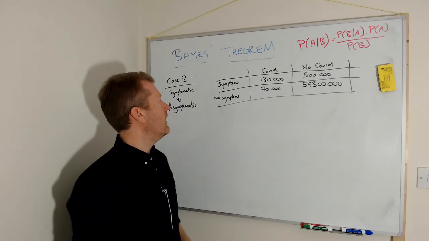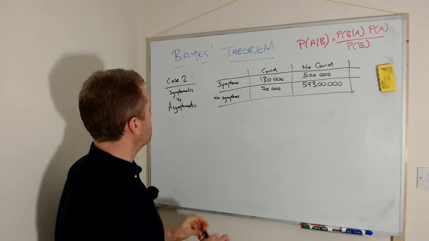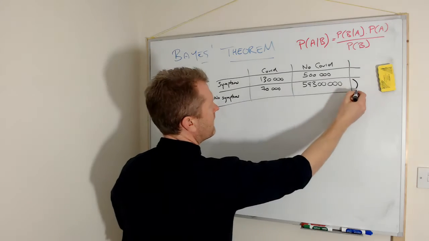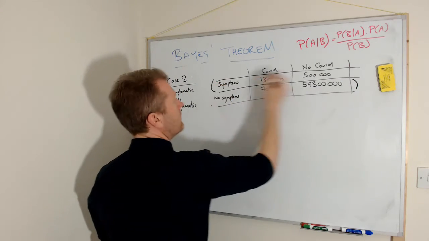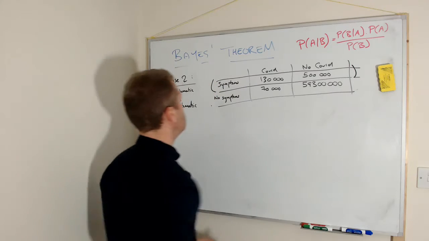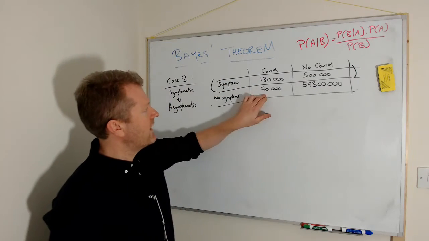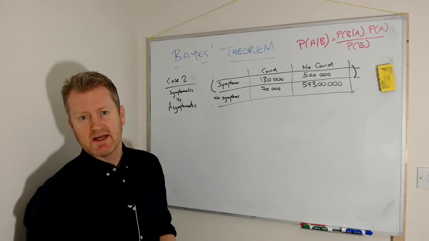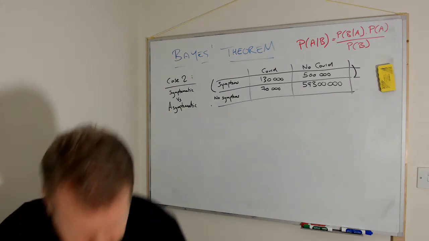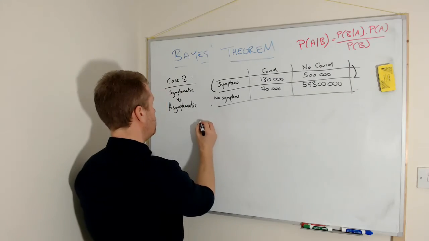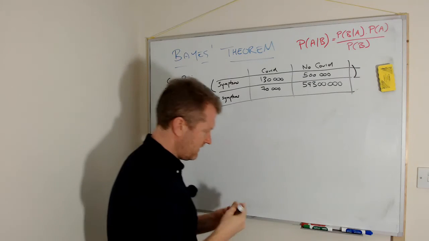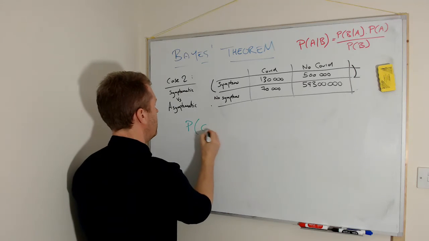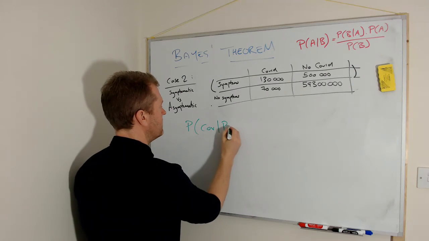Okay, so let's look at these two cases one at a time. First of all, let's ignore this one and look at the cases with no symptoms. We can just imagine we have one single population with 59,370,000 people in it, and again we want the probability, let me use the green for that to keep consistent, the probability that you have COVID given that you get a positive result.